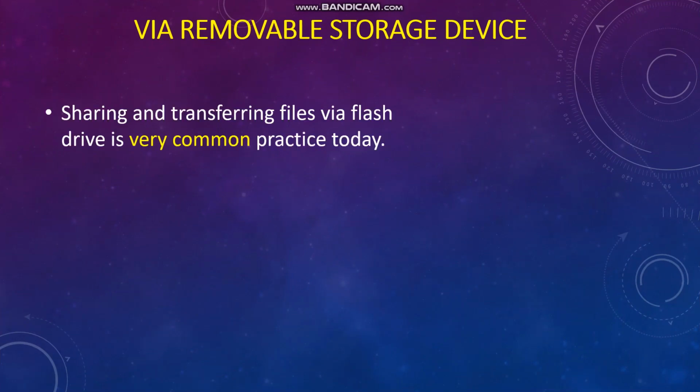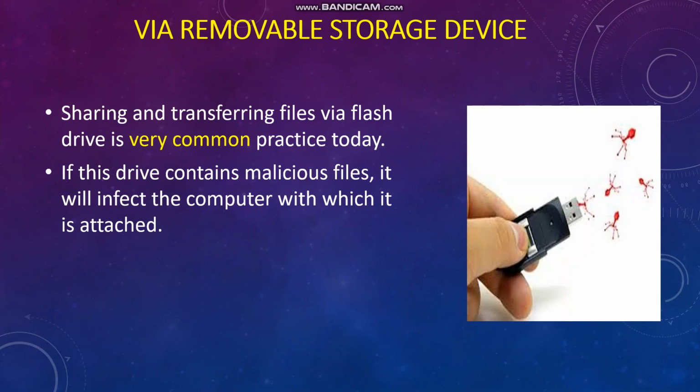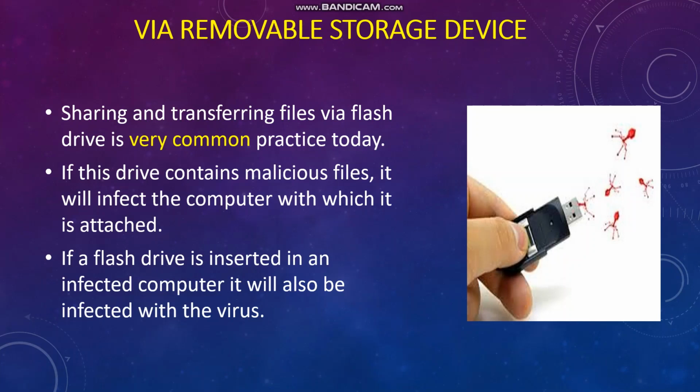Sharing and transferring files via flash drive is very common practice today. If the drive contains malicious files, it will infect the computer with which it is attached. If a flash drive is inserted in an infected computer, it will also be infected with the virus.